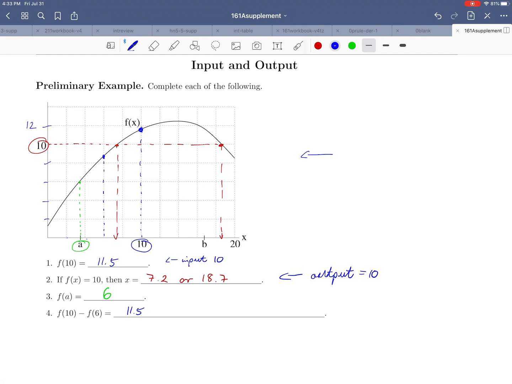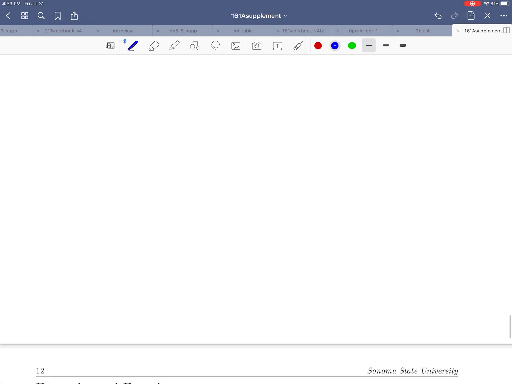That's about 8.7. So f of 10 minus f of 6 is 11.5 minus 8.7, which turns out to be 2.8. So that's how input and output work if I just have the graph of a function.